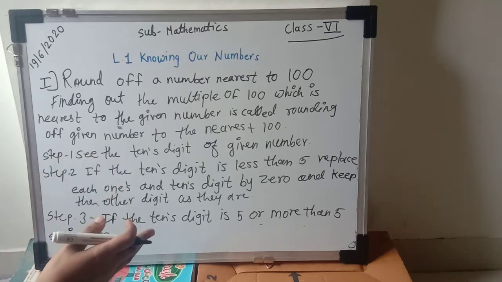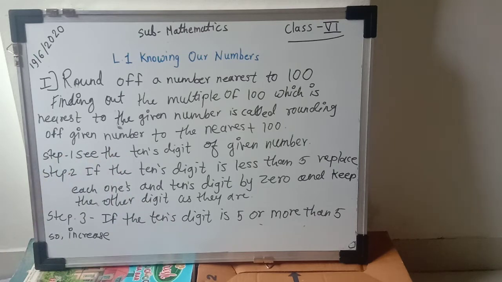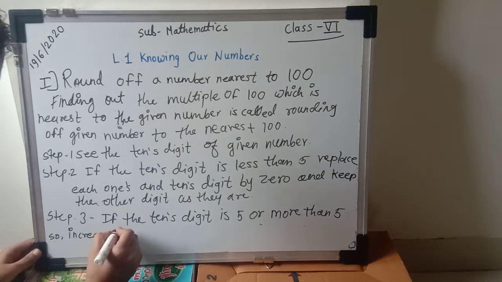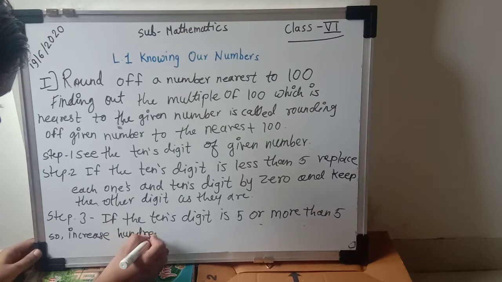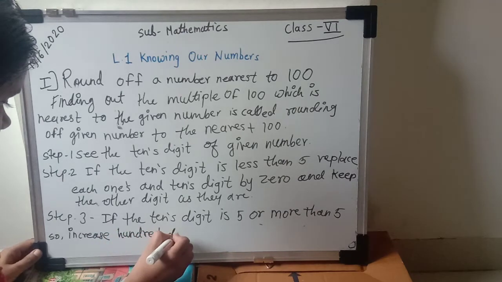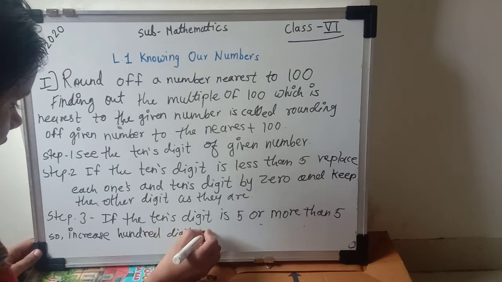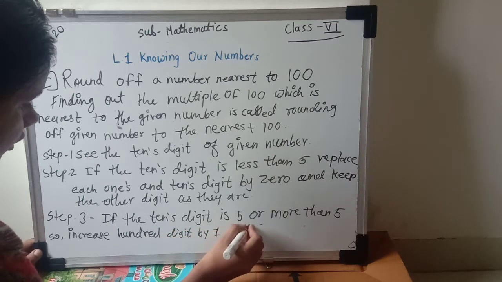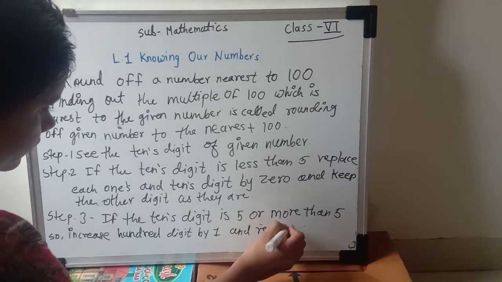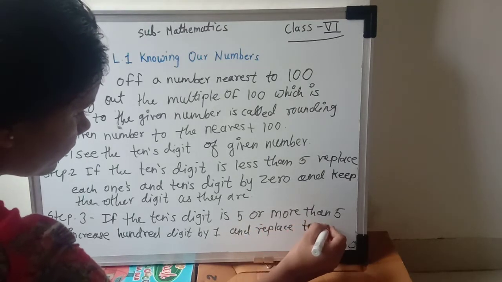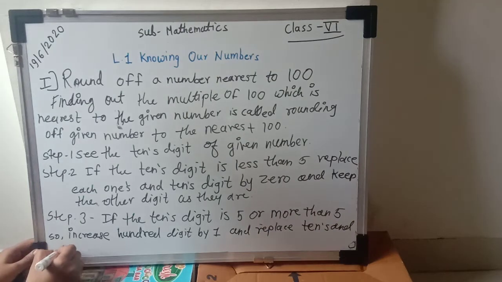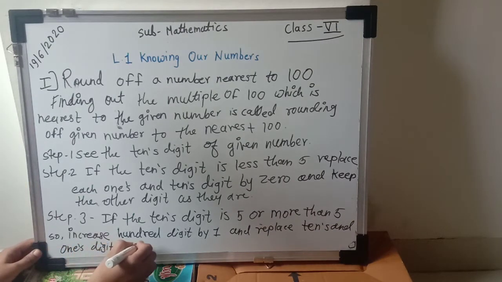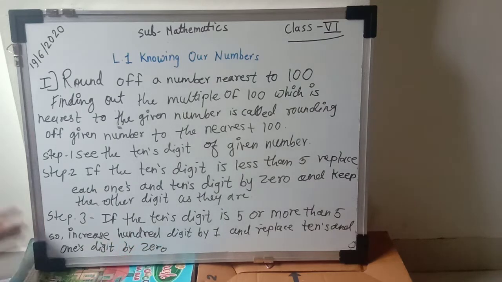When the tens digit is more than 5, you have to add 1 to the hundreds digit. Increase the hundreds digit by 1 and replace the tens and ones digit by 0.